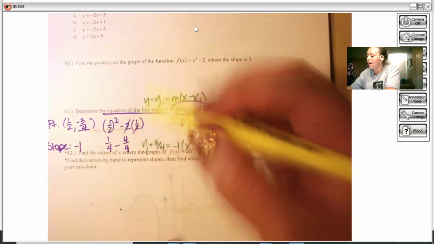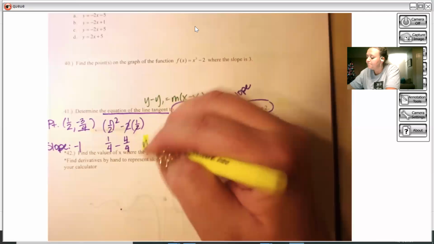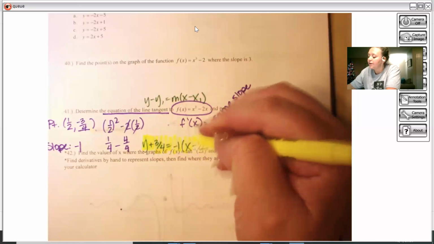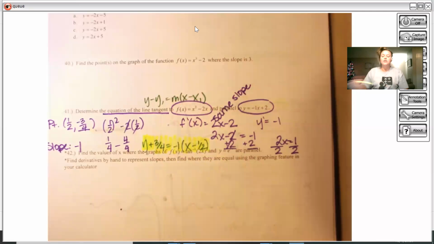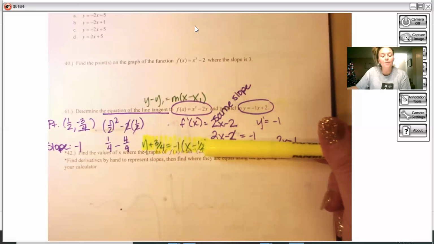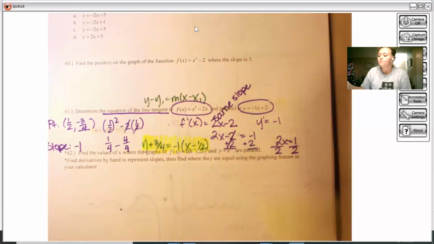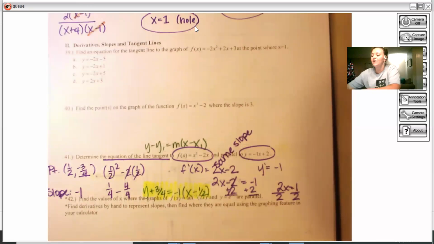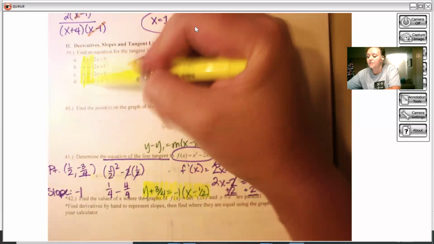Now I do want to point out, when you do number 39, your answer is going to start off just like this. This is called point slope form. If I was doing 39, I would have had to solve it to put it in one of these forms.